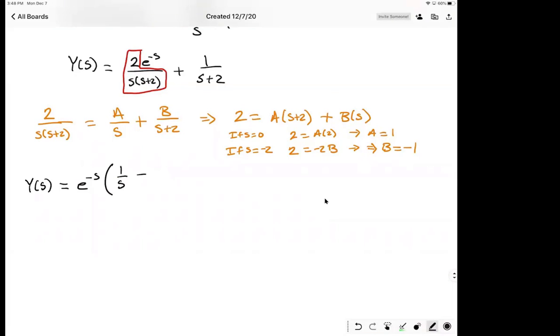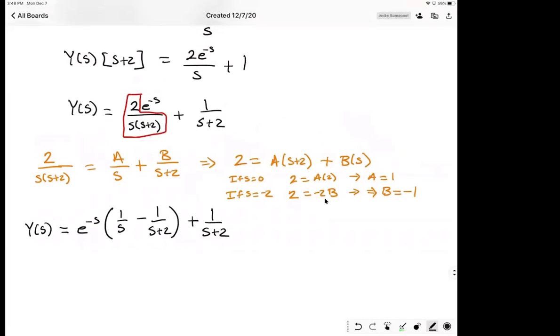B was minus 1, so minus 1 over s plus 2. And then plus 1 over s plus 2. This got decomposed, still multiplied by the e to the minus s, and then still added that term over there.